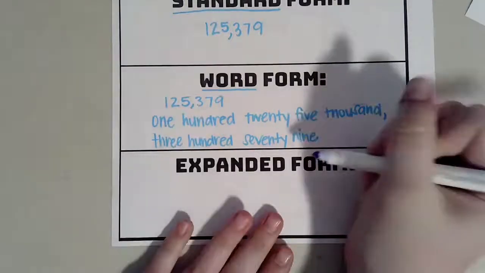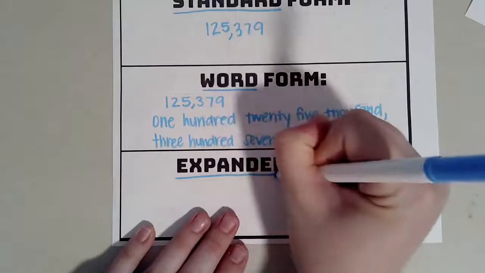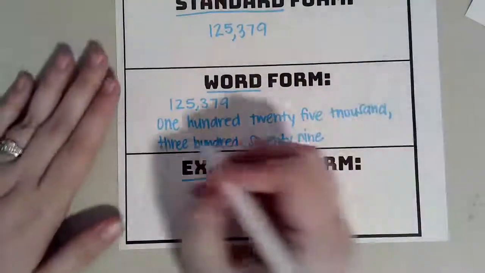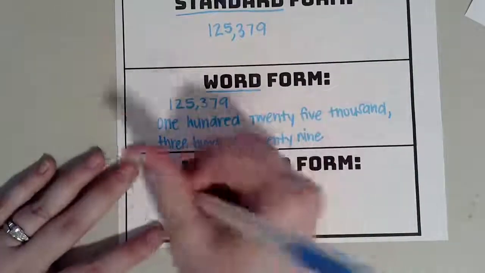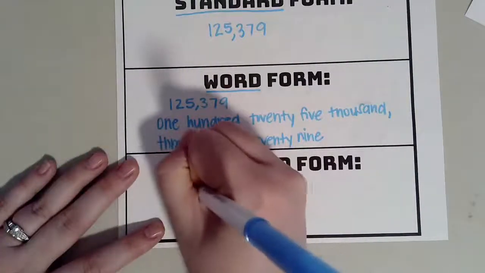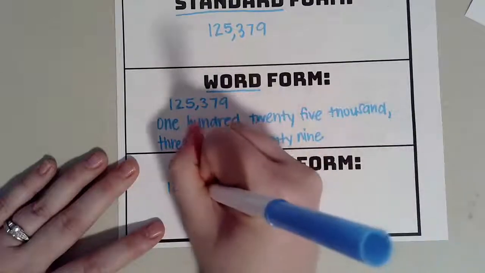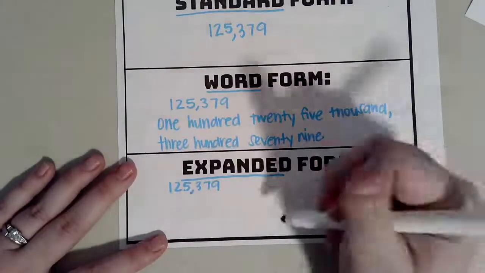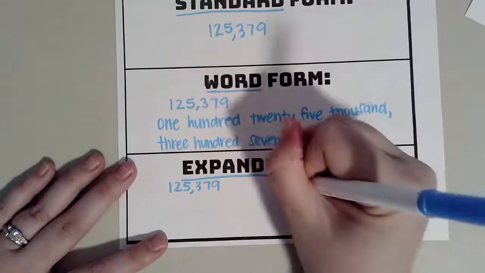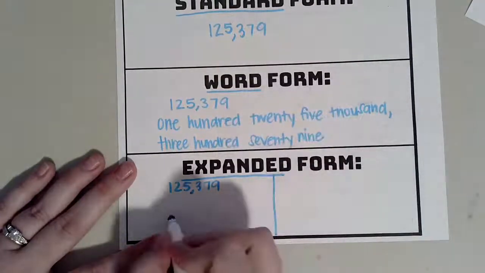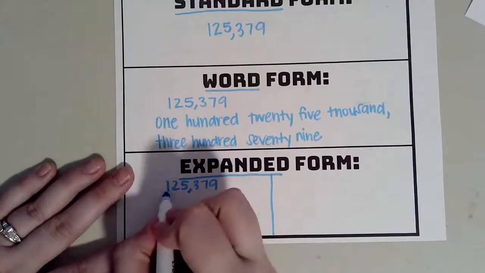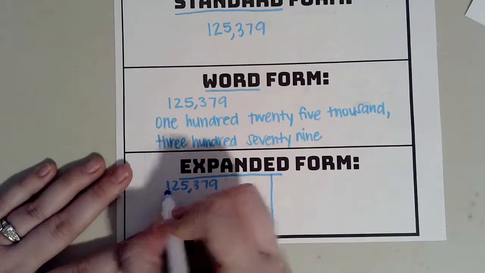Now, we're going to move on to expanded form. Expanded is like stretched out. So that's how I remember. So again, I like to bring down my standard form number, 125,379. And what I do for expanded form, there's kind of 2 ways to do this. So I'm going to show you both. Method 1, method 2. So the first one is where I always start over here with my biggest place.